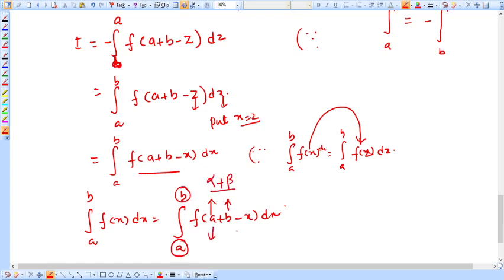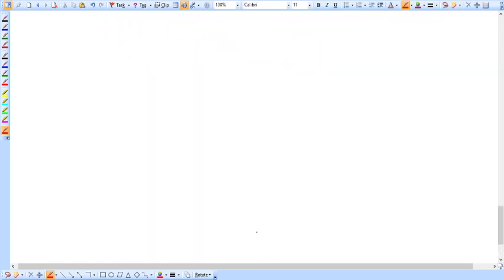We have to use only those numbers which are the limits of this integration, because we have to obtain the interchanged limits. So when we substitute z is equal to a plus b minus x, we get the same limits by the use of these two numbers. That's why it would be only first limit plus second limit minus x. So it was your property number 4.